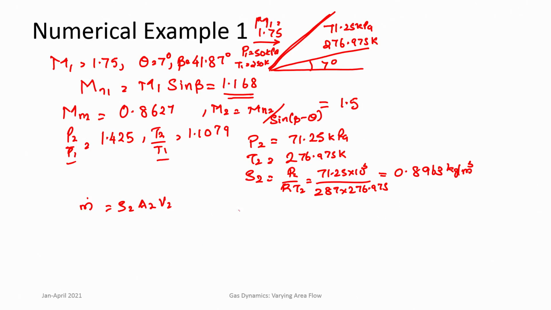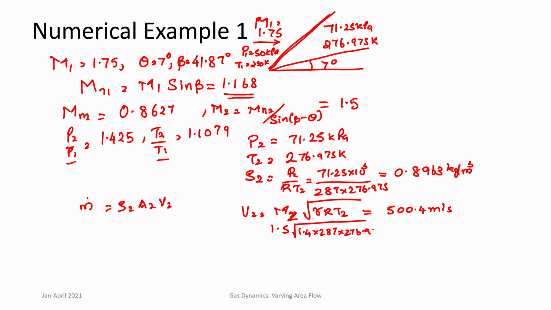V2 is M2 multiplied by square root of gamma R T2, M2 is 1.5, square root of 1.4 times 287 times 276.975.